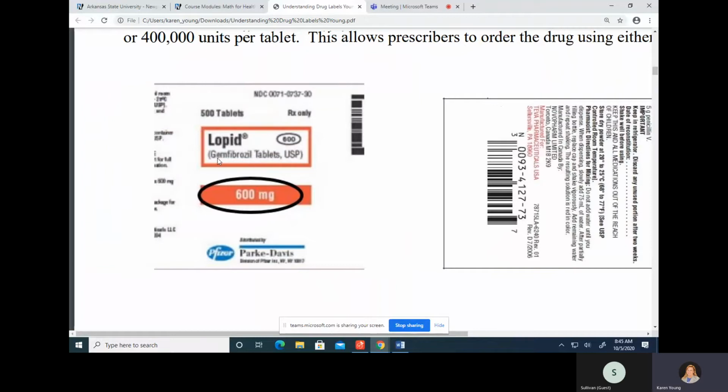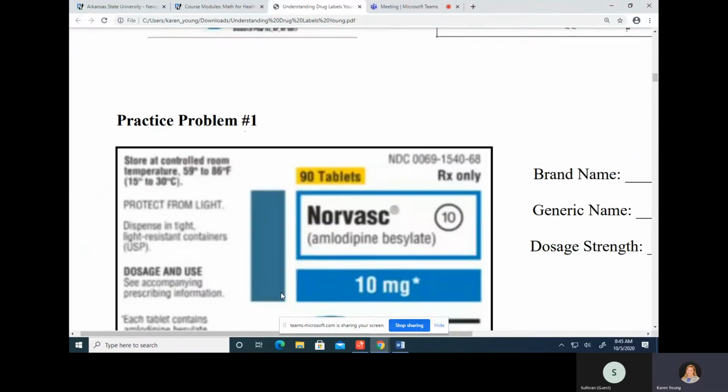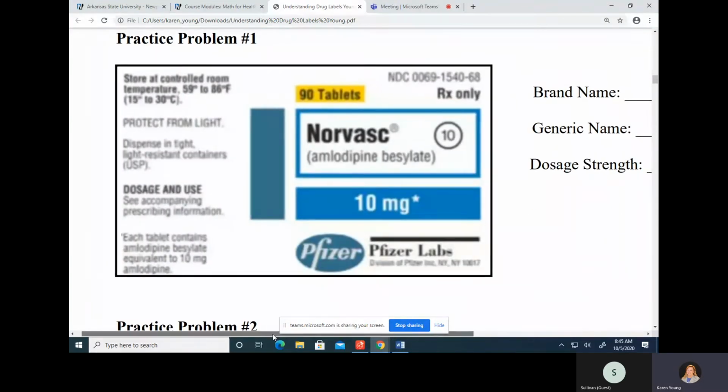This, whatever this is, tablets, USP. The tablets and the USP are not part of the generic name. It's just the chemical here. The tablets tells me that I get 600 milligrams per tablet, but that's the form it's in. So my form is tablets. So here's our first practice problem.